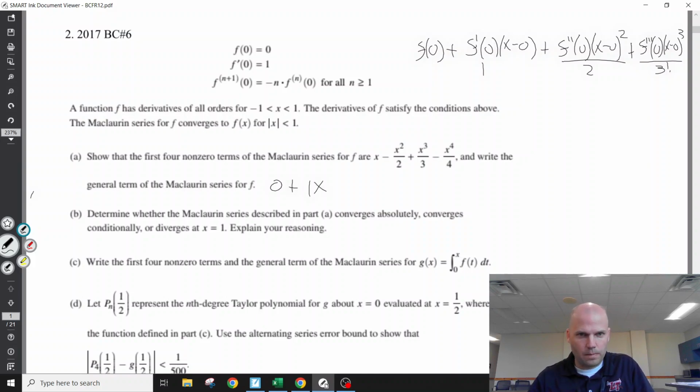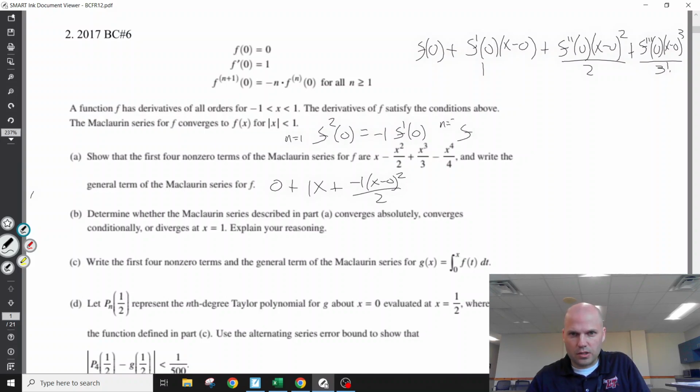We need to show what the second derivative is. I will plug in 1 for n and get f2 of 0 equals -1 times f1 of 0. The second derivative is the opposite of the first derivative. The second derivative is going to be -1. Okay, boom, that matches. You need to show plugging in 2.